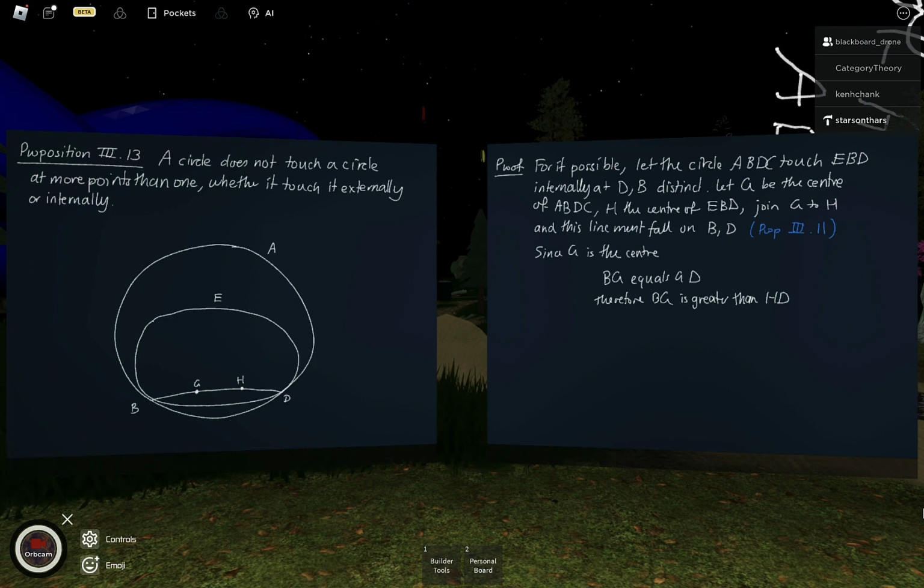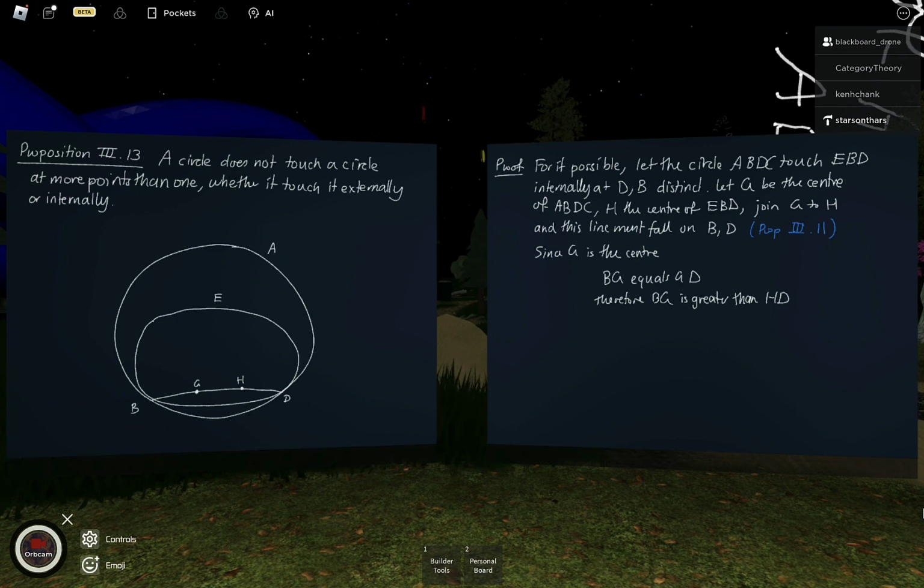Yeah. I think it's fine because if it did that, then there'd be a contradiction with the proposition that says that the line connecting two points on a circle is internal. So proposition 2, book 3. If B and D were on the same side of H on this line, then you'd get a contradiction with proposition 2, because whichever one was first, you will have left the circle, but you would also have to stay within the circle to go between those two points by proposition 2.